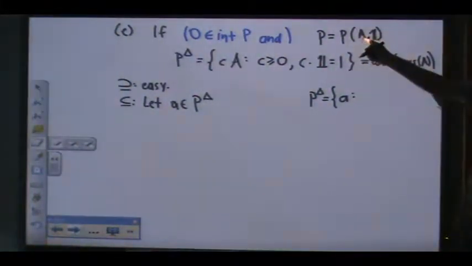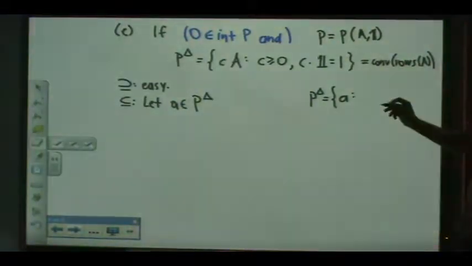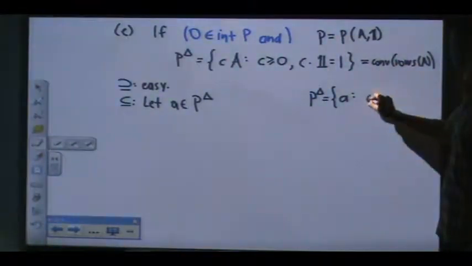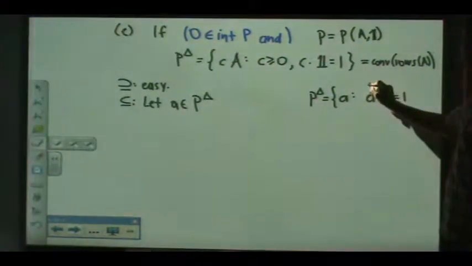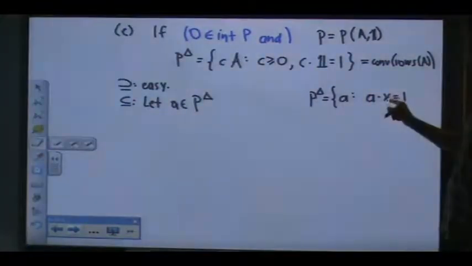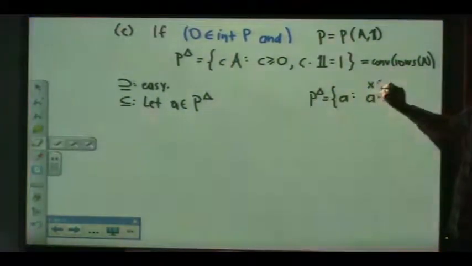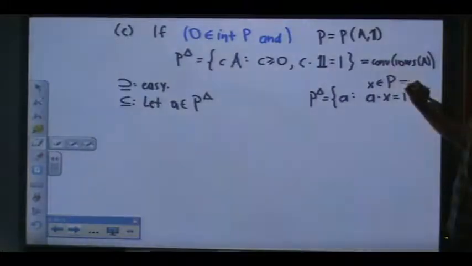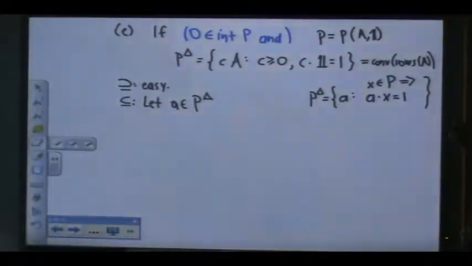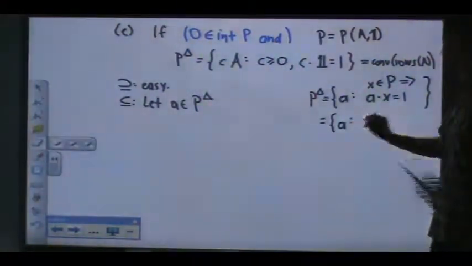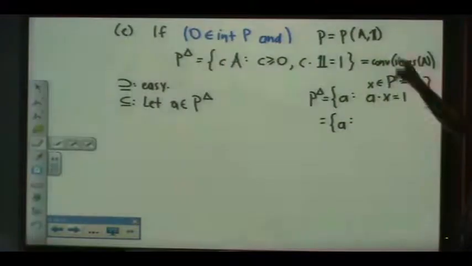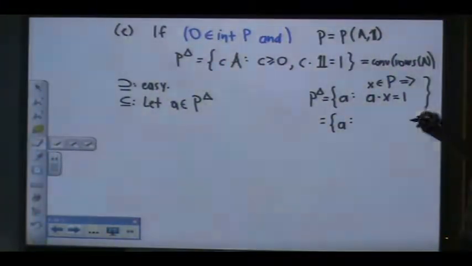But what does it mean to be here? It means that, well, let me just write this. So if X is in P, then A dot X is less than or equal to 1. And that's what it means. But now, saying that X is in P is saying that AX is less than or equal to 1.